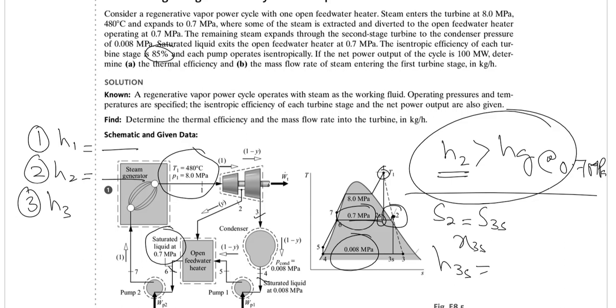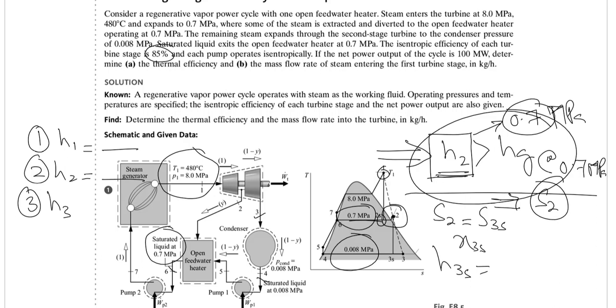So before going into state 3, you have to go to the superheated steam table and check the enthalpy H2 corresponding to a pressure of 0.7 megapascal. You should find the entropy at state 2, and that would be S2.